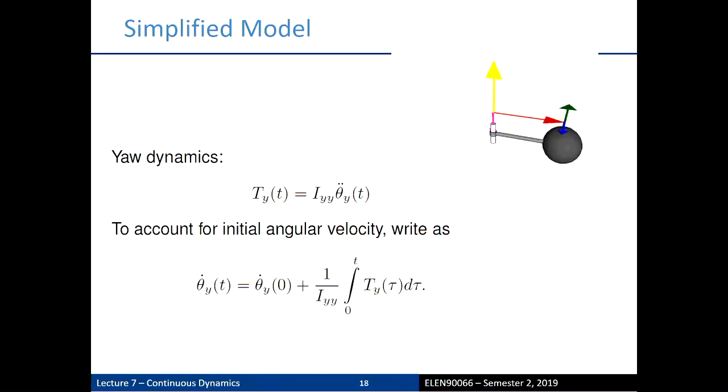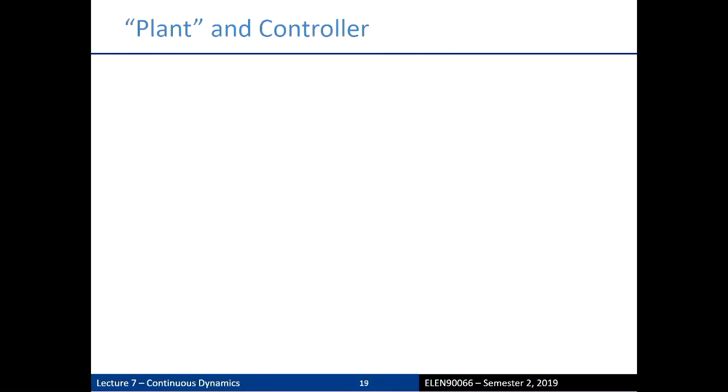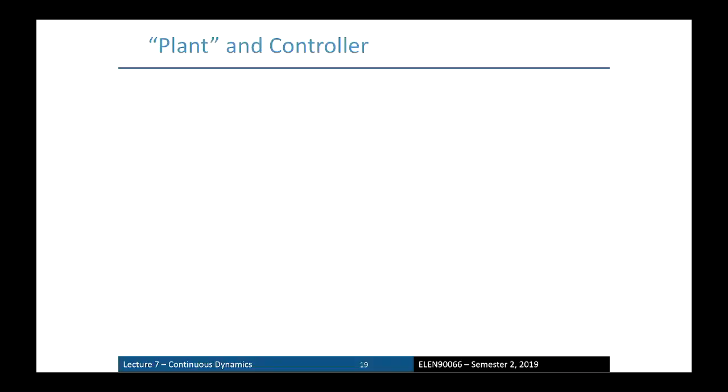We're going to look at what's called the actor model of this system here. So what we're going to do is firstly break this down into a block style diagram. And if you haven't done control before, you'll see this soon, I'm sure. The idea is you have what's called a plant, which is the system that you are wanting to control, in this case the helicopter.